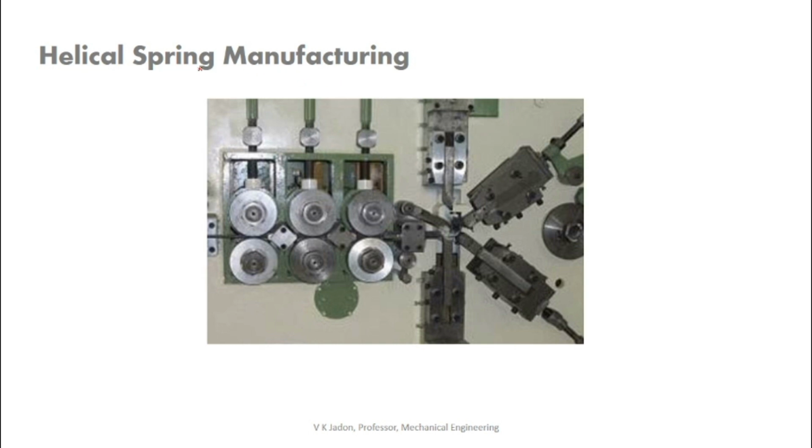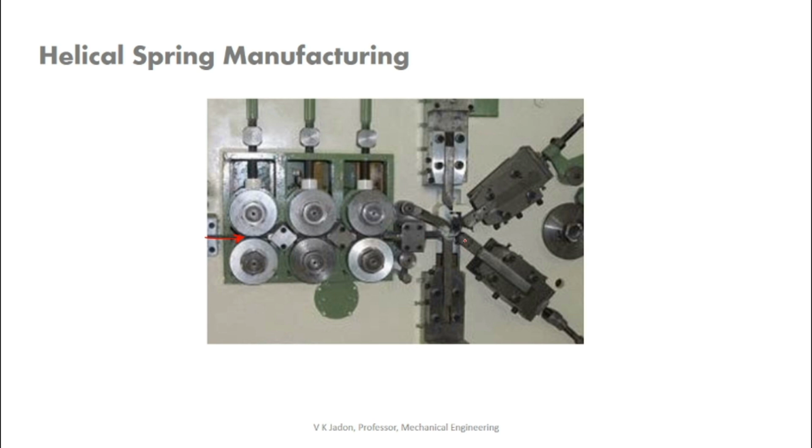So this is helical spring manufacturing, a simple machine that we see here. The wire is fed through these rollers, which push the wire and also straighten the wire if there is any bend in it.